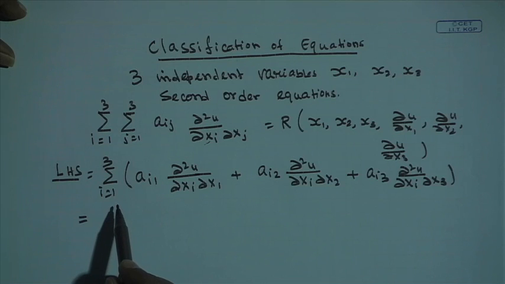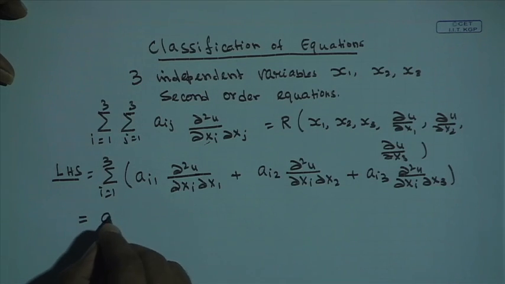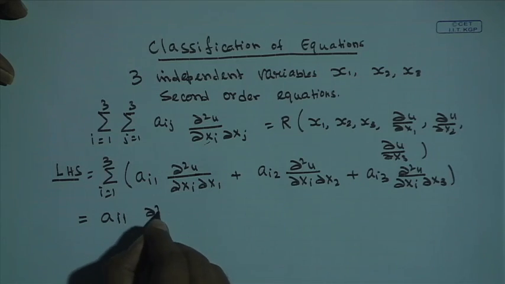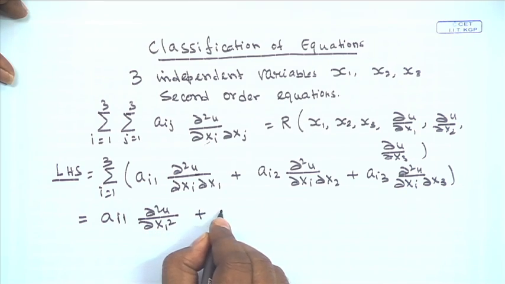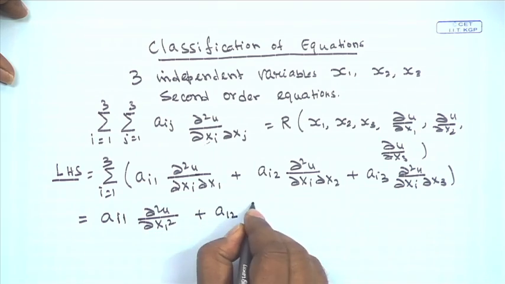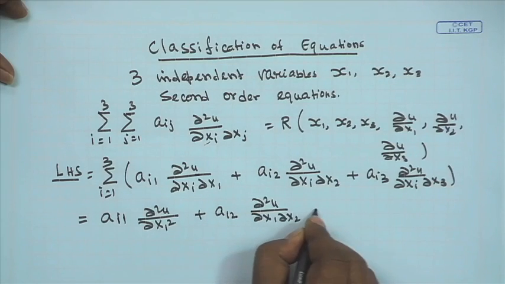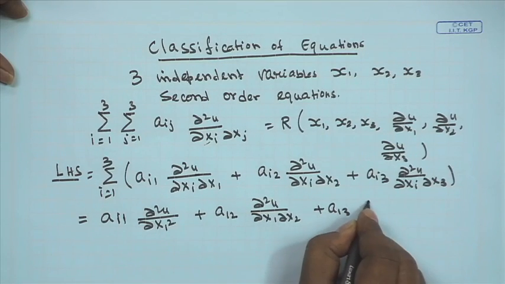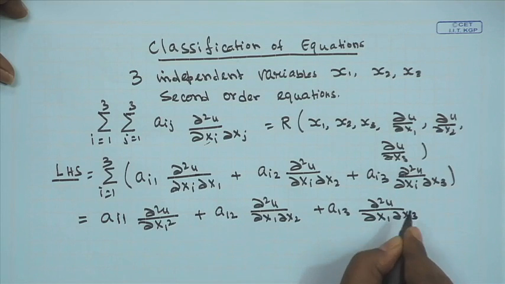Next, I will be opening up the summation over i. If I do that, this will be a_11 del square u del x_1 square plus a_12 del square u del x_1 del x_2 plus a_13 del square u del x_1 del x_3.